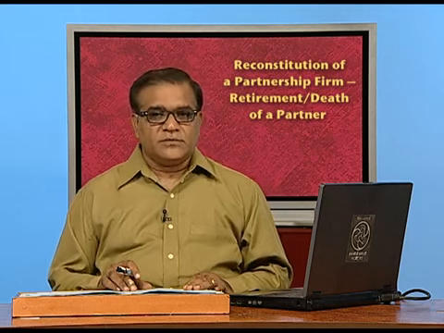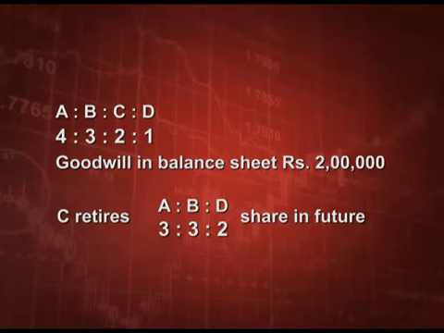with a question. Suppose there are 4 partners A, B, C, D sharing in the ratio of 4:3:2:1 and goodwill is existing in the balance sheet at rupees 2 lakh. C retires and A, B, D will share in the future in the ratio of 3:3:2. Now, while solving this question, first of all we will write off the old goodwill, that is 2 lakh rupees, in the old ratio 4:3:2:1.